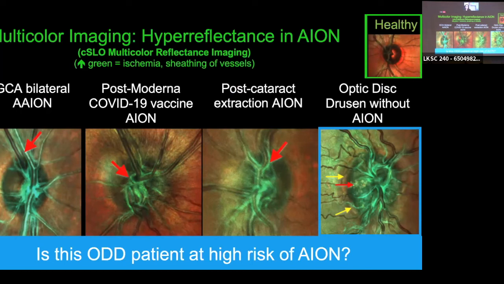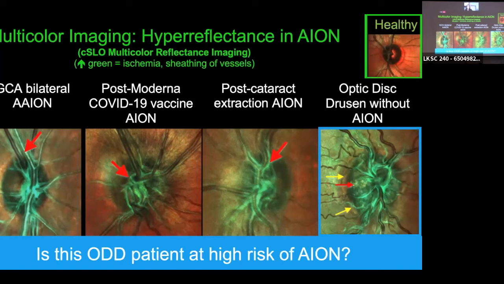And so essentially, this is, again, pseudo color. And you're seeing the blue, green, and red for the near infrared altogether of 3 different patients with different causes of ischemic optic neuropathy. So the first case is the most severe, arteritic anterior ischemic optic neuropathy in the setting of giant cell arteritis, and then a Moderna COVID-19 vaccine associated ischemic optic neuropathy, a post-cataract extraction AION, and then our patient.